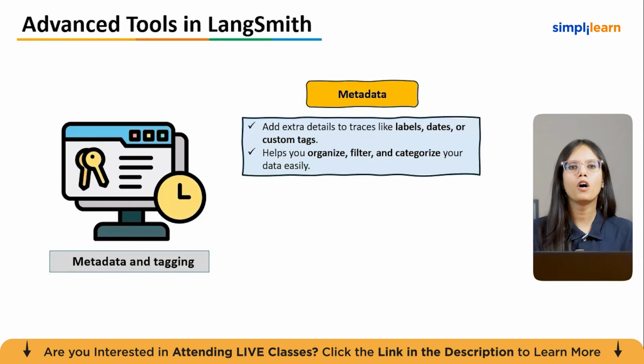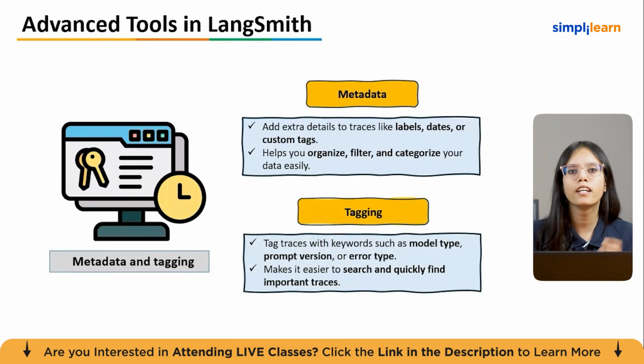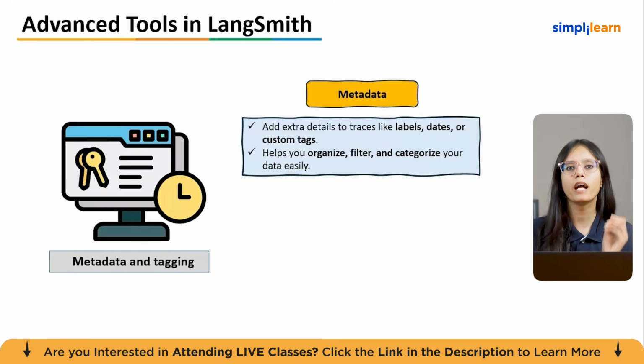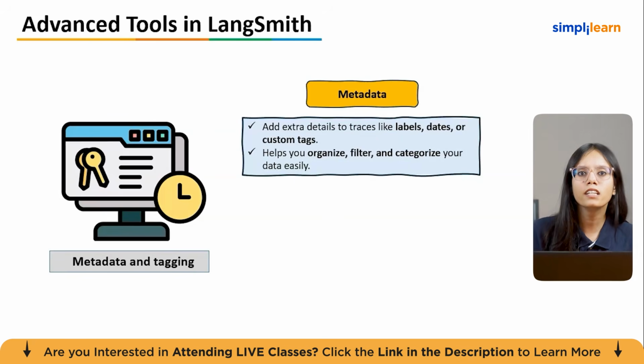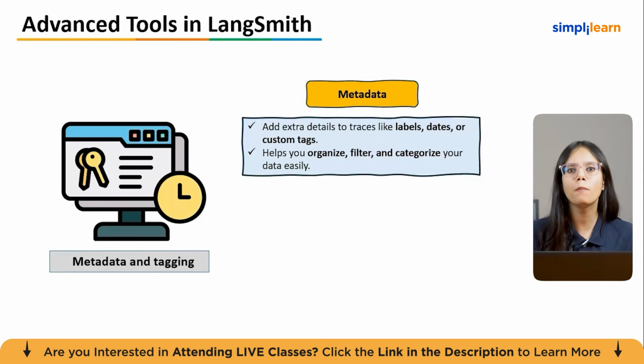Now let's talk about metadata and tagging, two more tools that will help you stay organized as your project grows. When you're working with a lot of data and traces, it can get a little chaotic. That's where metadata comes in. With metadata, you can add additional information to your traces like labels, dates, and custom tags to help you filter and categorize your data.